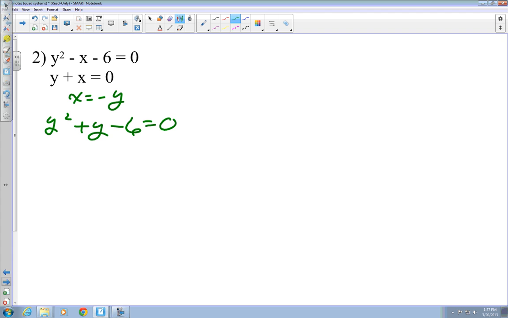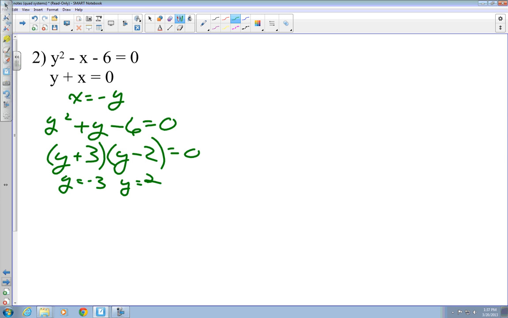And the reason I wanted to pick that one is because when I do that, it comes out really nice already, ready to factor. Got y and a y, and then minus 6, so it's plus and minus. Plus 3 minus 2. So I get two solutions. Y equals negative 3, and y equals 2.